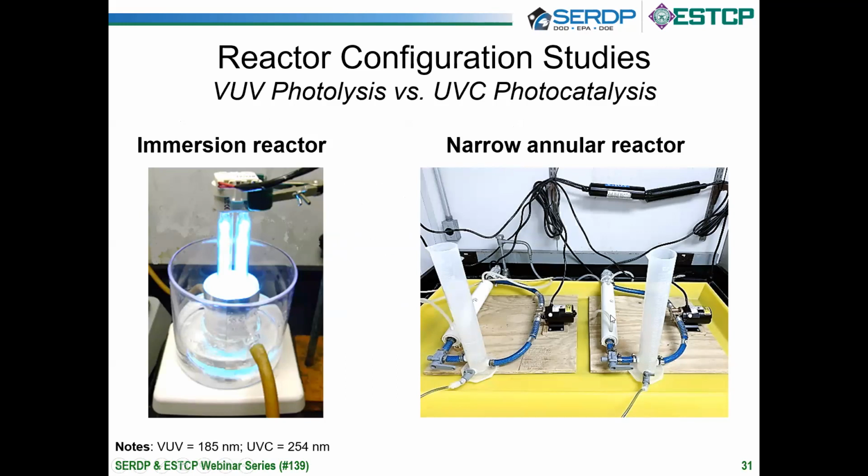So we have these smaller annular reactors that emulate all the conditions of the commercial reactor, but they were much easier to control experimentally. And in both cases, we had the option of equipping them with either an ozone-generating lamp or an ozone-free lamp to do those comparisons between the presence or absence of the vacuum UV.